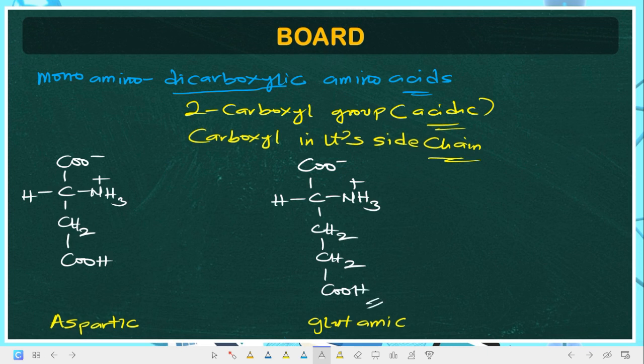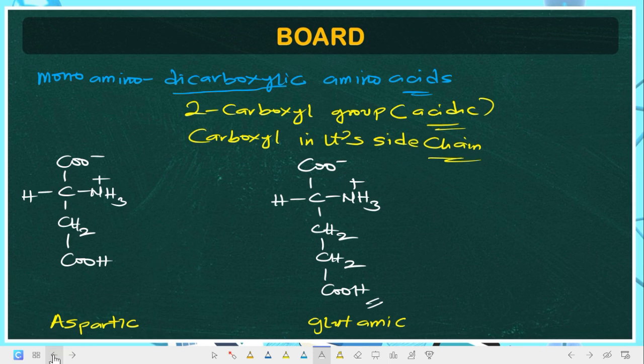This is glutamic acid. So when we talk about monoamino dicarboxylic amino acid, we have two examples: aspartic acid and glutamic acid.